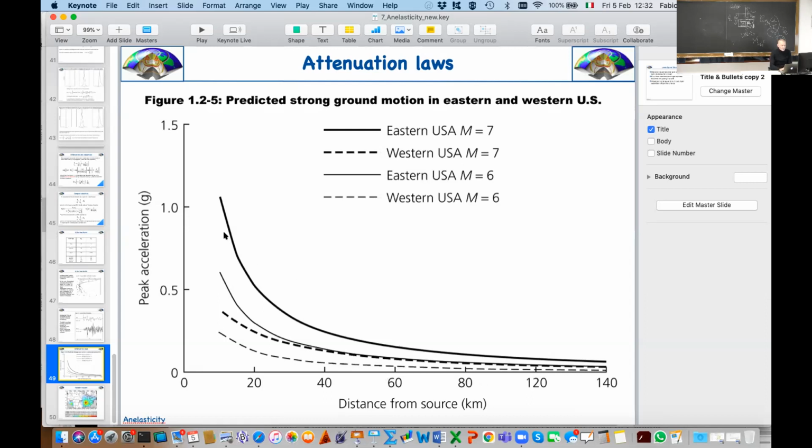And if you give a look to this curve between eastern and western US for the same magnitude, you see that the decay and the amplitudes are totally different. That's Q. So that's one prequel.